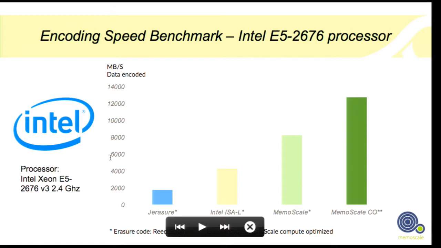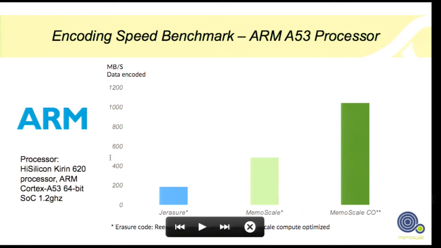Then we have got some requests to optimize for ARM processors. So we did it for this ARM A53 processor. And to be fair to ARM, this is a very low-end processor. It's being used in some of the low-end mobile phones. It's quite tiny compared to the Intel processor, and it also costs much less and has much less energy consumption.